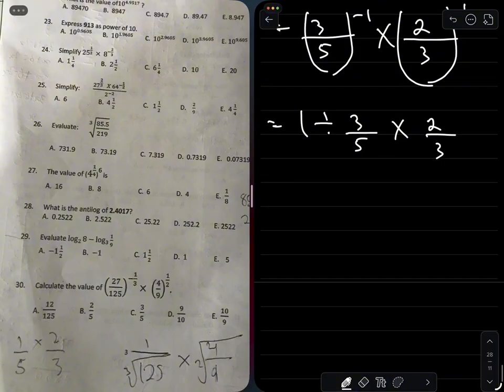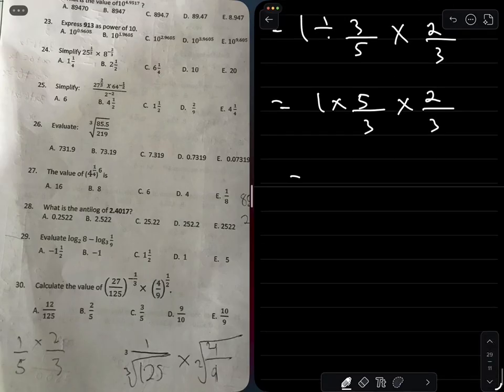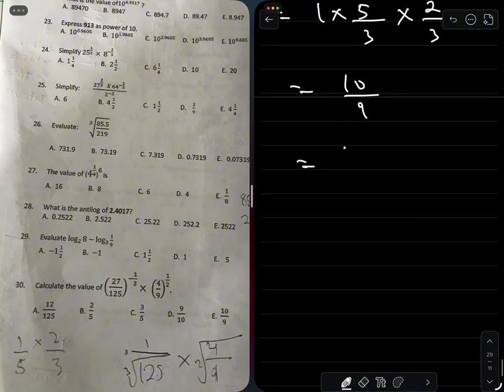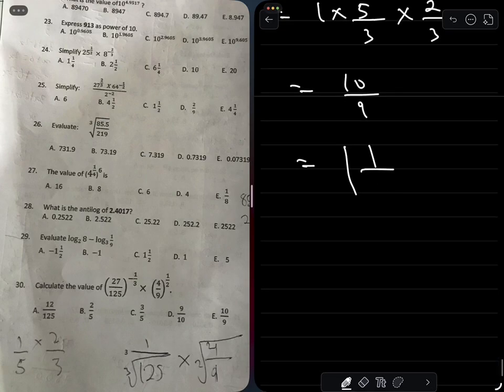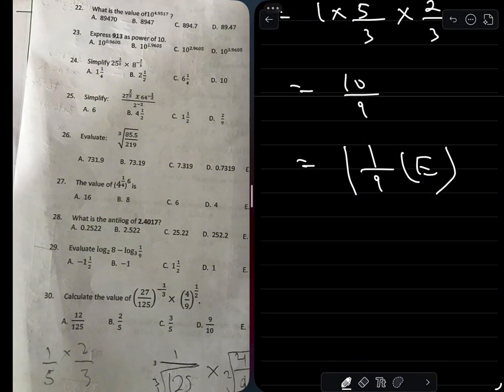Do you understand? And that means 1 times 5 over 3 times 2 over 3. Do you understand that? Yes. And that's 10 over 9. And what's the option that matches that? E. Oh, they even wrote it as 10 over 9. That's E. Beautiful.